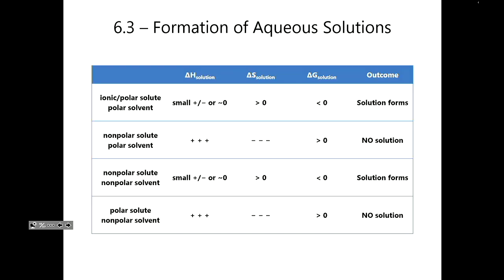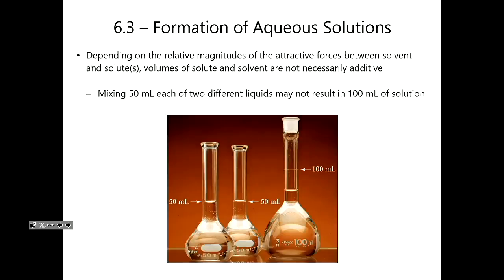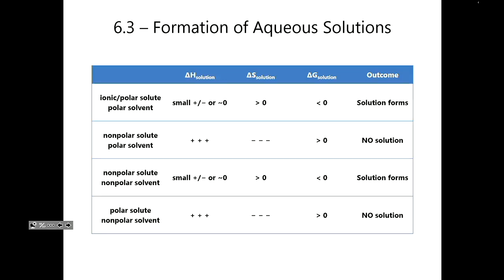But if they're both polar, the difference is not going to be too big. It's going to be nearly thermoneutral. Typically for these types of substances, the delta S of the solute dispersing is much greater than the delta S of the solvent organizing itself.